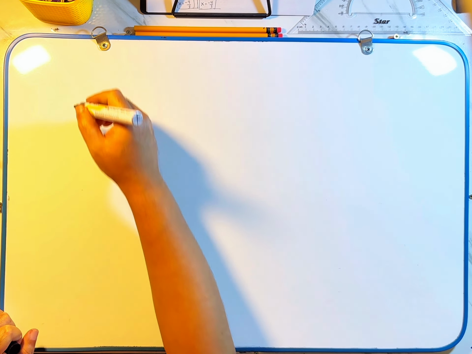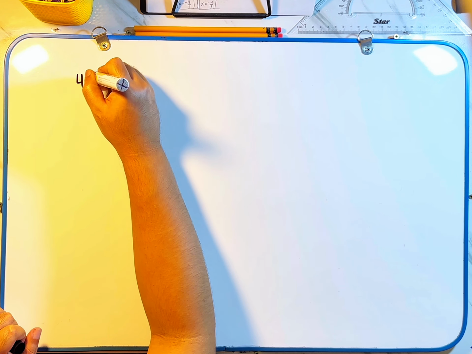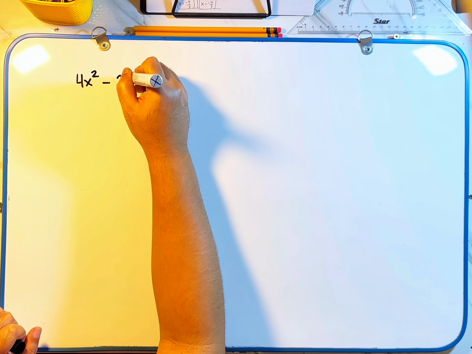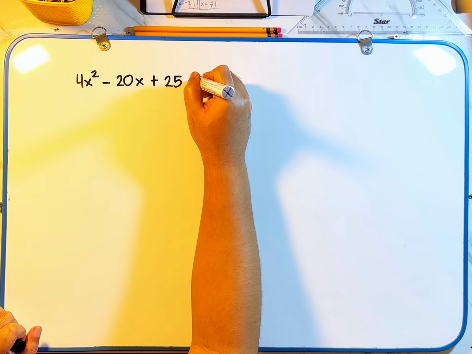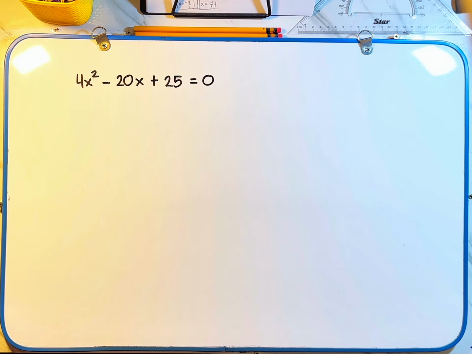Let us try one more. Let us solve for x squared minus 20x plus 25 equals 0. This is a perfect square trinomial, so let us rewrite.